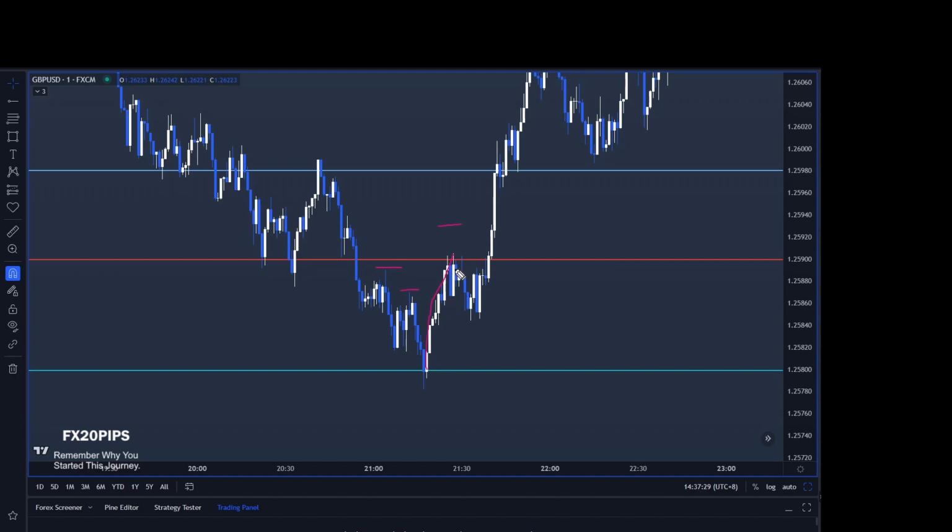I don't want to go in immediately. I don't want to buy here, because it might just keep going down. I will put somewhere higher, and if price is interested to go higher, it will.